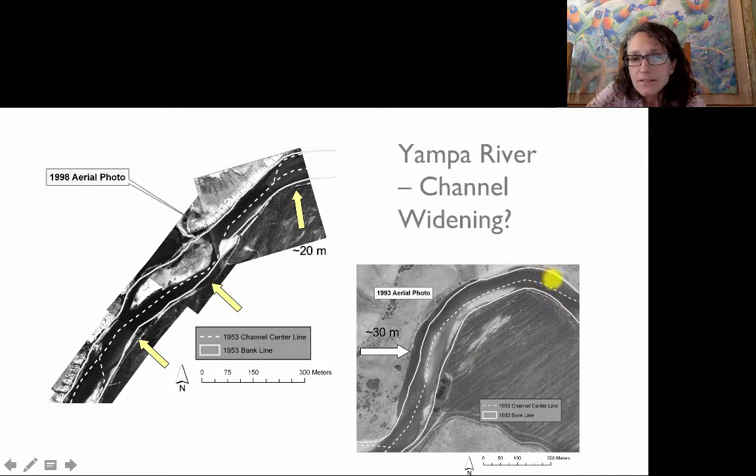On this section of the river, again going from 1953 to 1998, there's about 30 meters of movement, but that is clearly on the outer bank of a meander. So there are some places where there's some evidence it may be widening. In this case, it's probably just natural meander migration, but we didn't see the point bar move quite as much.